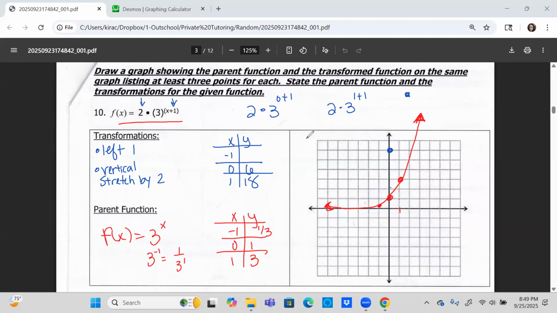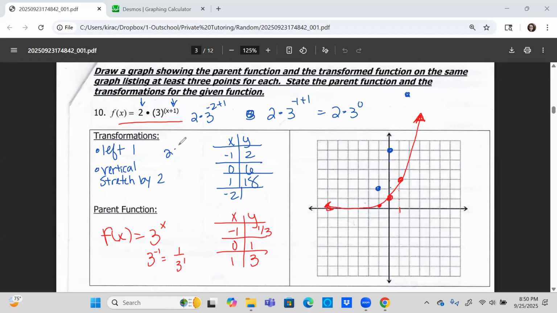Let's do -1. So that would be 2 times 3 to the -1 plus 1. So that would be 2 times 3 to the 0. Anything to the 0 is 1. 2 times 1 is 2. And I'm going to add -2 right here. So that's 2 times 3 to the -2 plus 1.